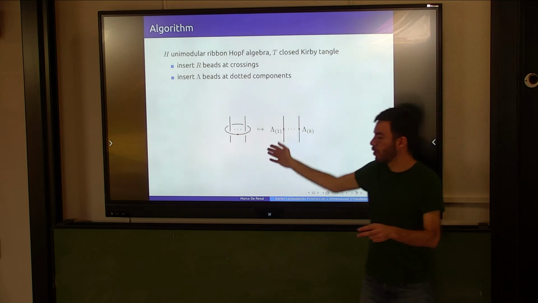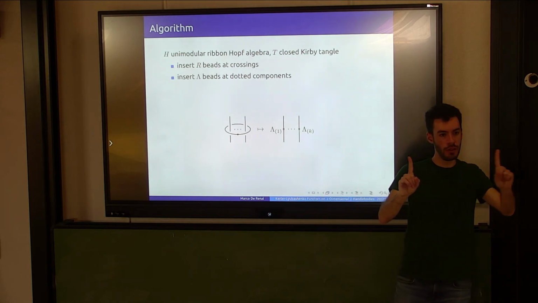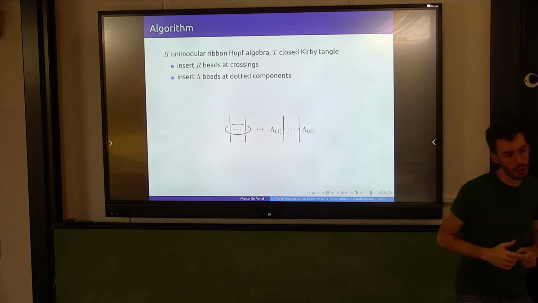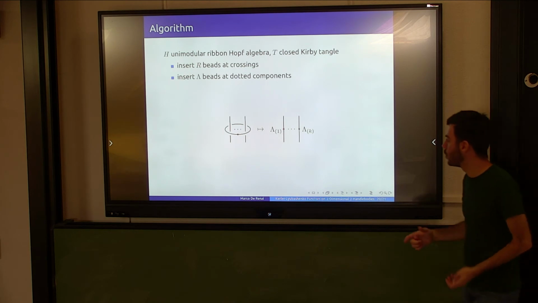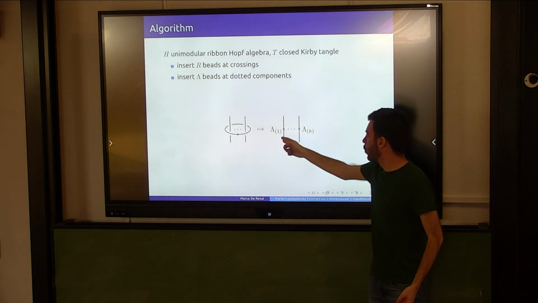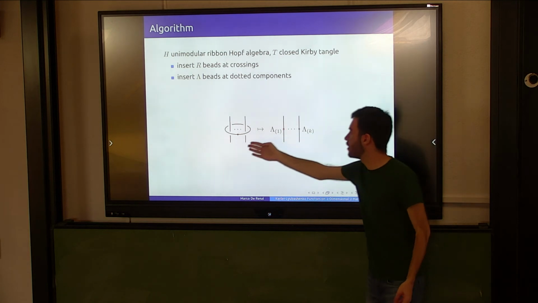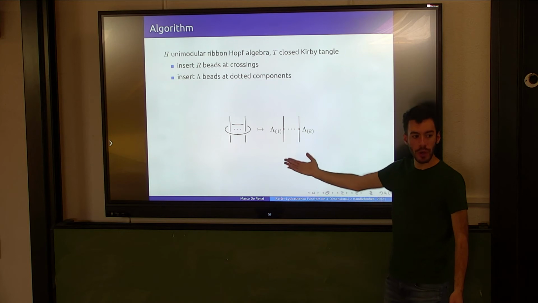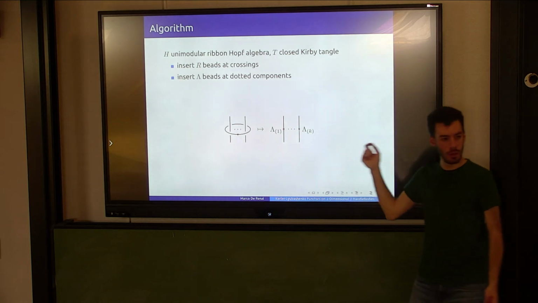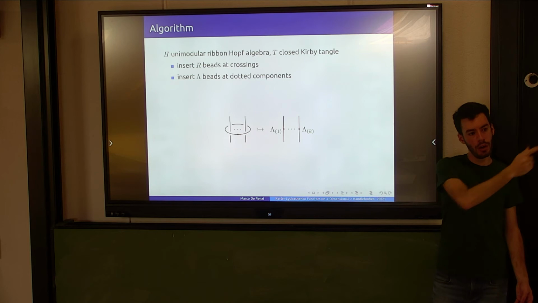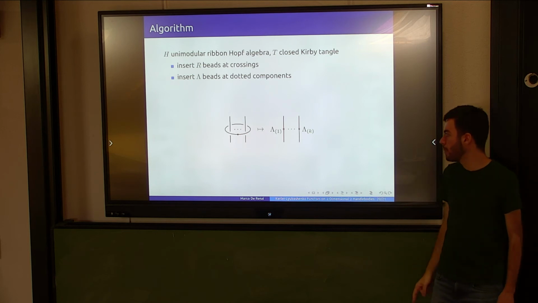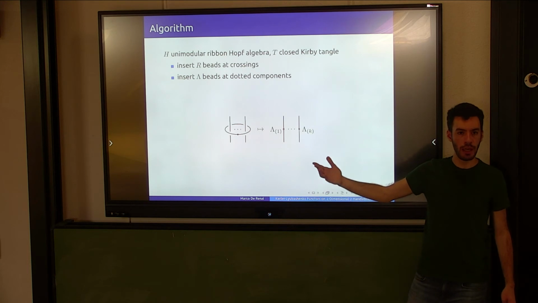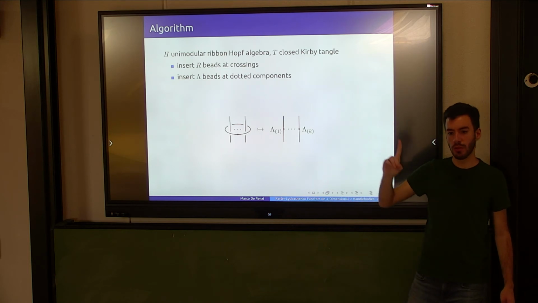We arrange it in this configuration, so just vertical strands locally around this undotted component, unknotted component, and then we compute, let's say in this case, if we have k strands, we compute the k-fold co-product of the co-integral, and we place beads with components of the co-product on each strand.